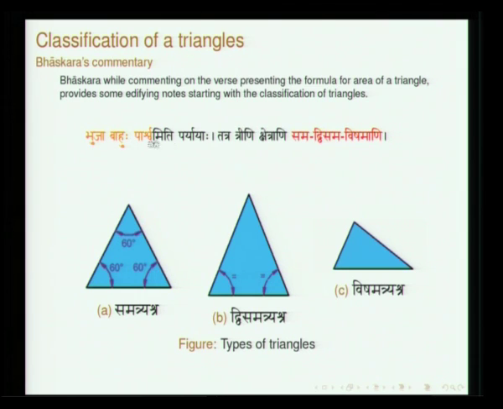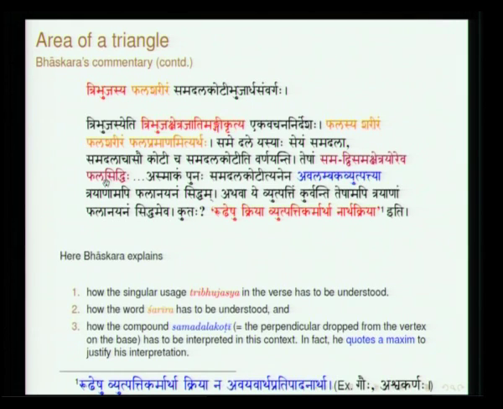Bhuja, bahuhu, parshvam iti paryayaha, they are all synonyms, and there are 3 types of triangles. Further continuing the discussion, he says Tribhuja kshetra jatim angikritya ekavachana nirdeshaha. In fact, we should have 3 types of triangles. So, whose area are you specifying?